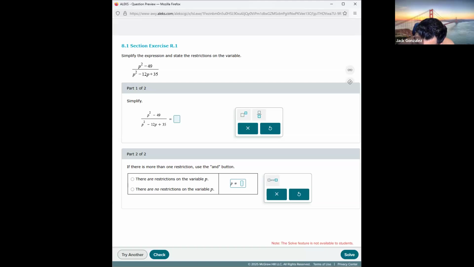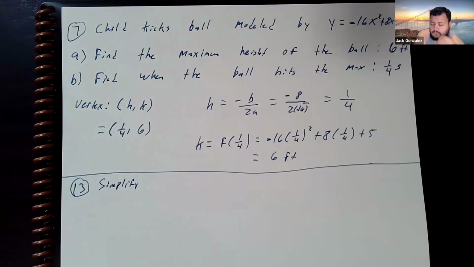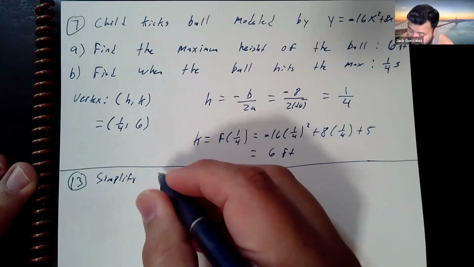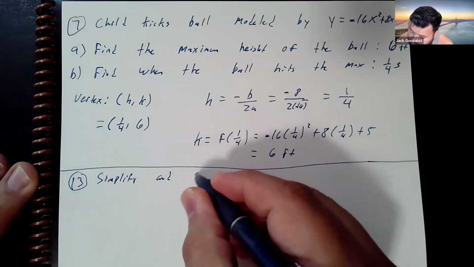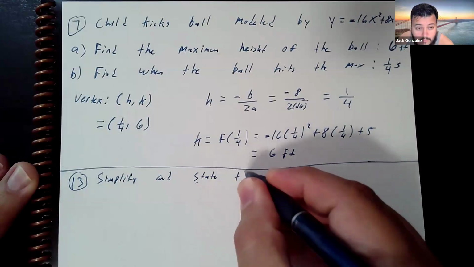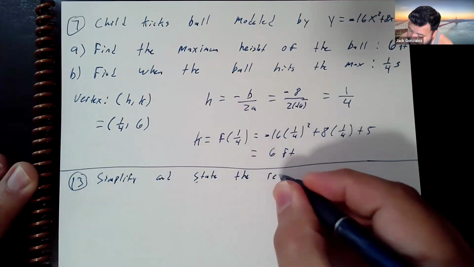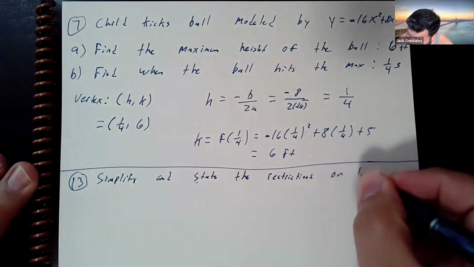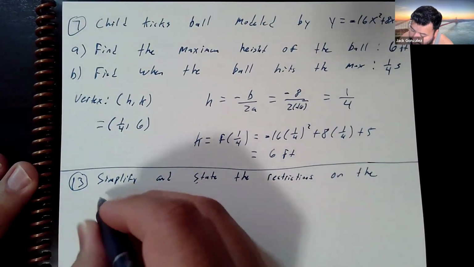Write it down: simplify, and state the restrictions on the variable.